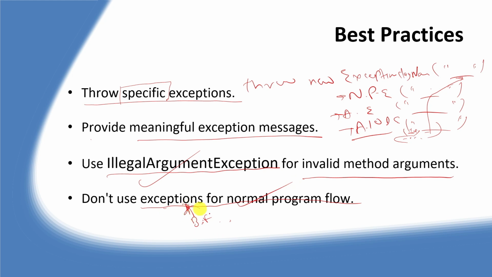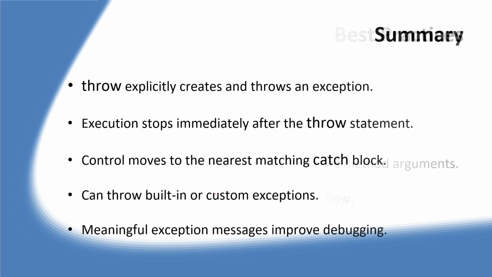It is meaningful. So let's quickly summarize what we have learned so far. So throw explicitly creates and throws an exception. Java is not automatically throwing an exception this time. This time, based on our business logic failure, we want to throw an exception at a particular line. That this is an invalid scenario, I want to throw an exception at this particular line.